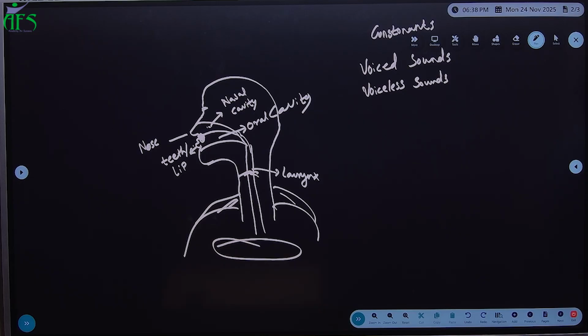The sounds which are articulated with the help of tongue and that alveolar ridge are called, sometimes, as I said, blades also. Blade of the tongue means the side part of the tongue. They are called alveolar sounds.